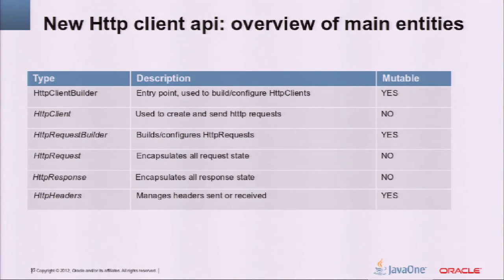And the reason we're using this builder pattern is so that we can make sure that the main objects in play during HTTP request and response interactions are immutable. The builder has all the mutability, and that's done at configuration time, but once those objects are created, they're then immutable. This brings a lot of benefits to developers.